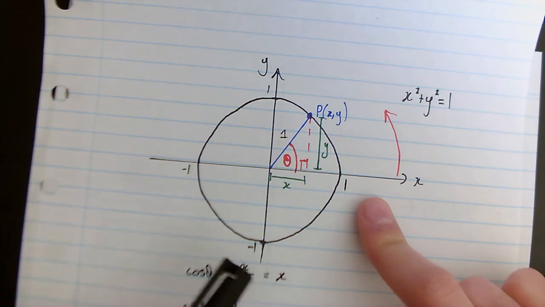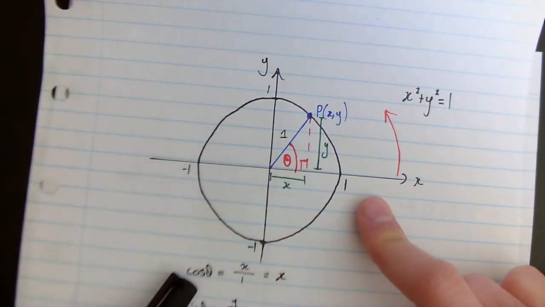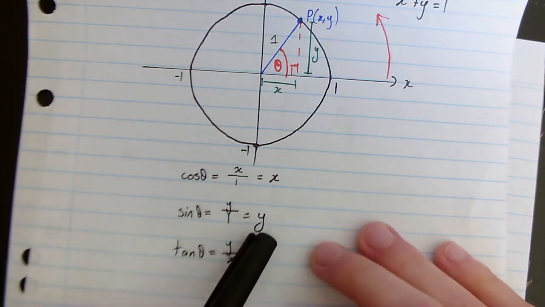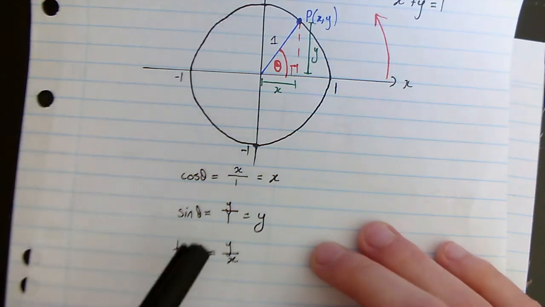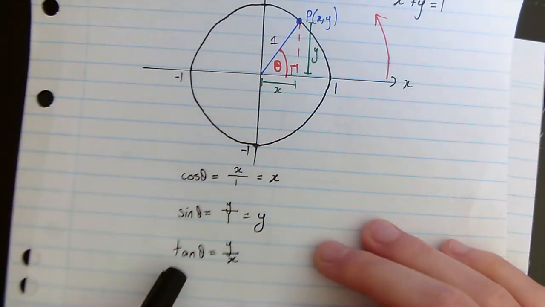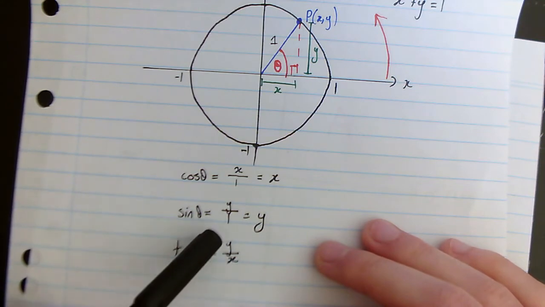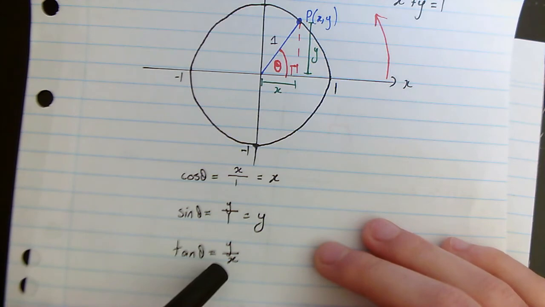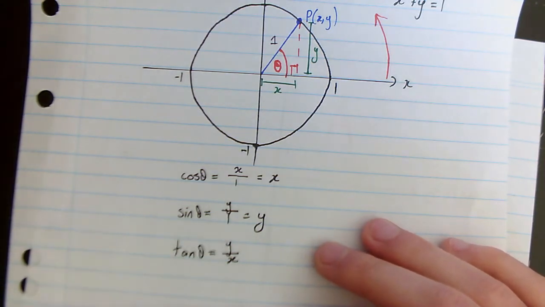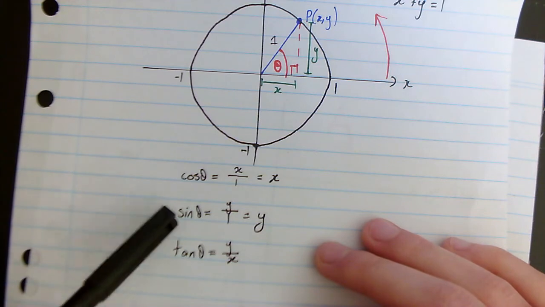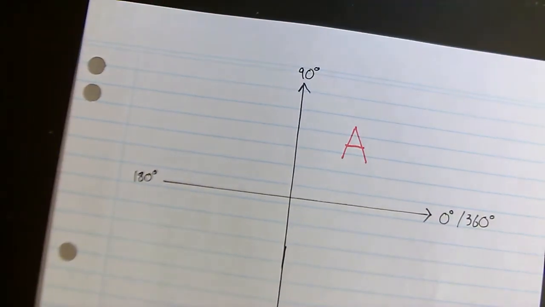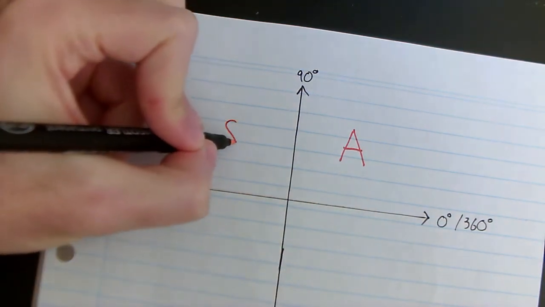This implies cos theta is negative because cos theta is equal to the x-coordinate, and sine theta is going to be positive because the y-coordinate is positive. And tan theta is going to be negative as well because it's y over x, and y is positive and x is negative. And a positive over a negative results in a negative. So cos is negative, sine's positive, and tan's negative. So sine is the only one that's positive, and that's why we get S in that second quadrant.